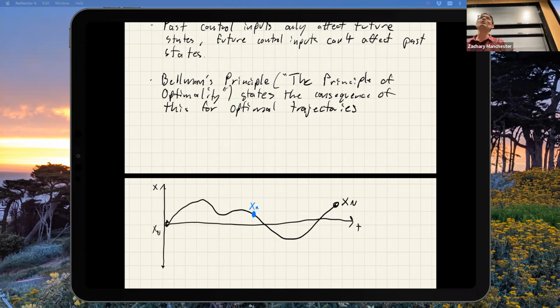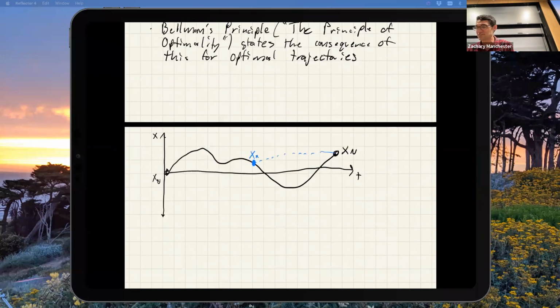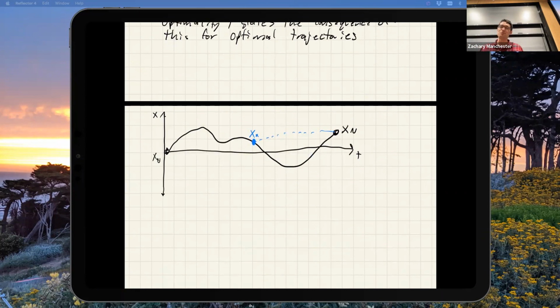And the obvious, intuitive thing here is if there were a more optimal path from xk to xn, I would have taken that on the larger problem. So it's a super obvious result. And there's no real deep insight here, but if you just turn the crank on this and take it seriously and look at its repercussions, you can take it pretty far.